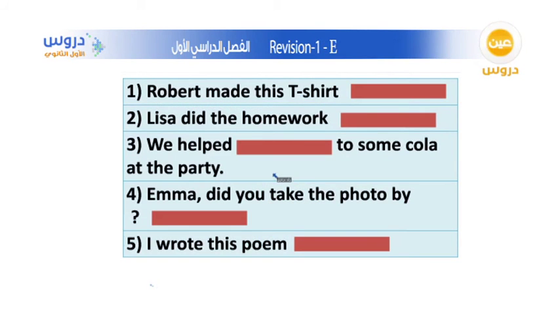let's take this last activity here. And we've got 5, and I'm sure you have seen these 5 sentences before. Robert made this t-shirt. What's its reflexive pronoun? Robert made this t-shirt himself. Miss Dahlia, himself. Excellent. Is it himself or herself?